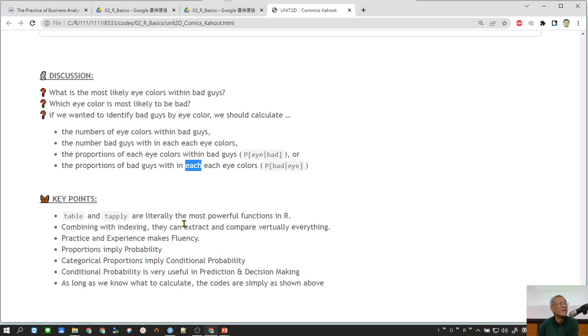Any other answer? The other answer is 2 and 4.